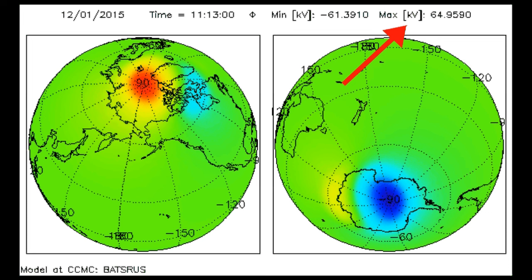A couple of minutes ago I was showing you how the energy inflow during the substorm raised and stabilized electric potentials of the ionosphere. Now I will show you what happens during the opposite process, that means outflow of plasma from the Earth's environment.